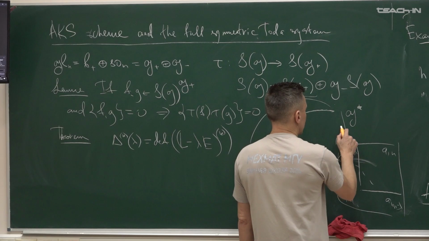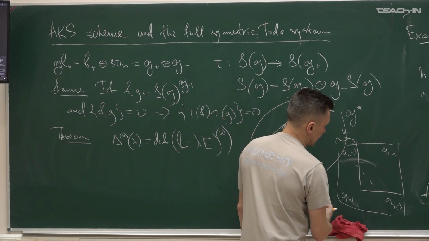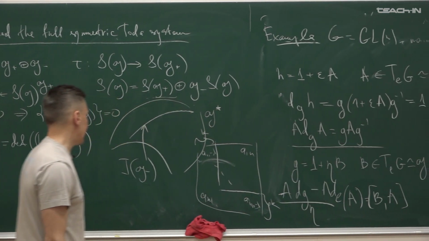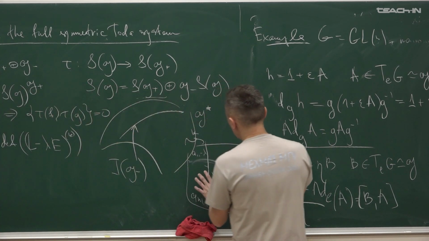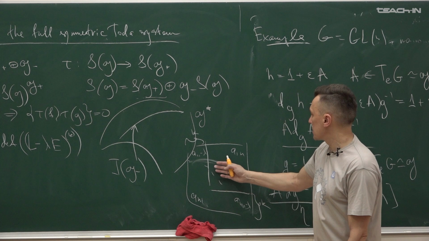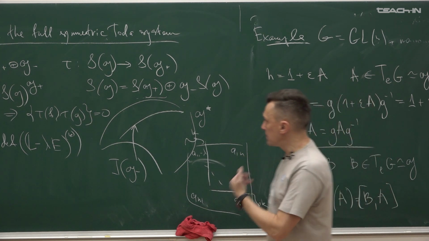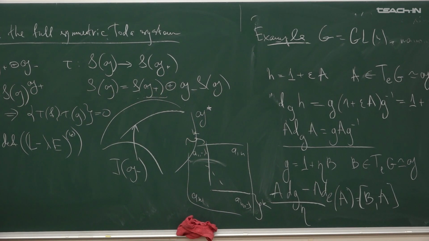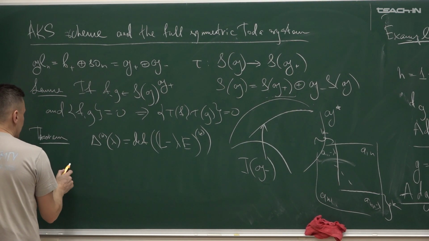So we cut k first columns and k last lines, and we take this submatrix, the upper right corner of our matrix, and calculate its determinant. So it's some polynomial in lambda.